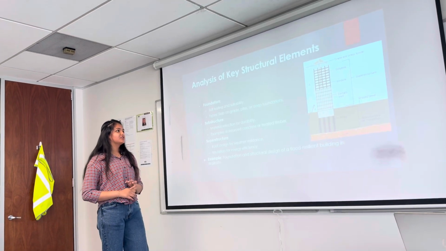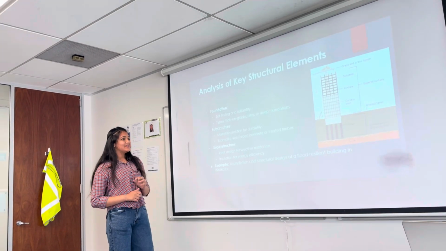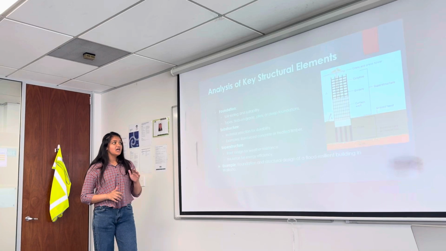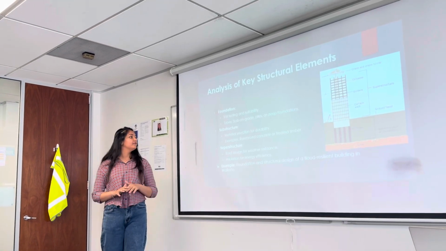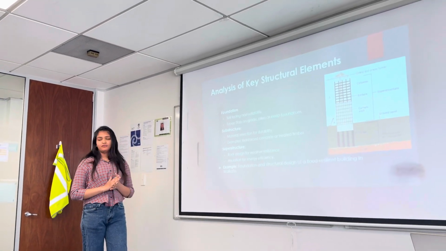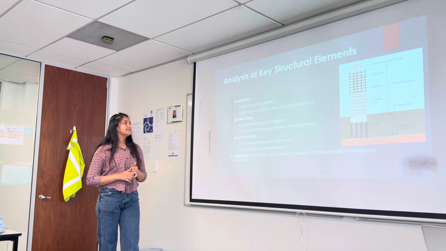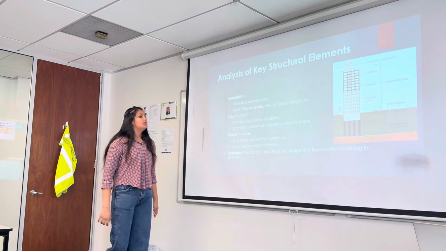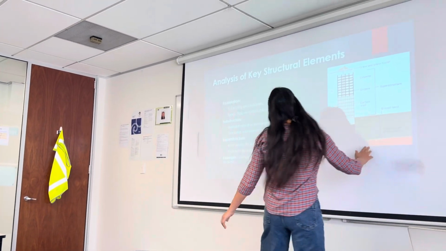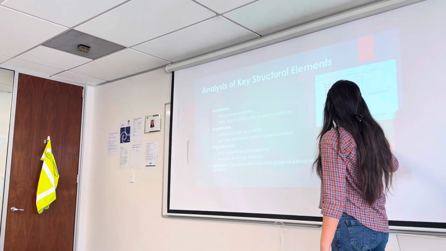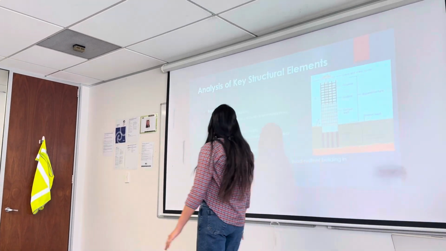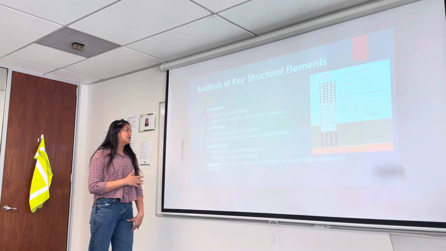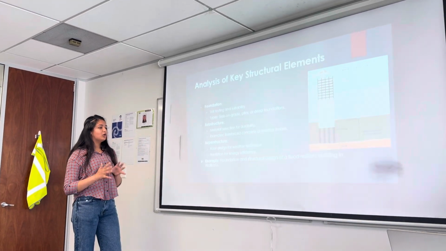Analysis of key structural elements. Basically, foundation is like the main layer, and foundation also involves soil testing and suitability. So here there are piles, deep foundations. It's under the ground, and substructure and foundation are almost the same.